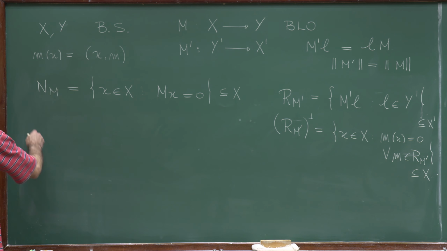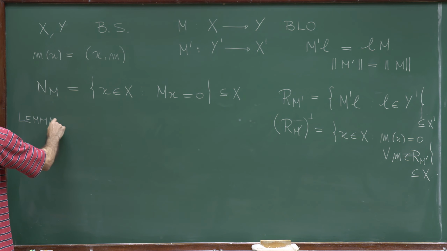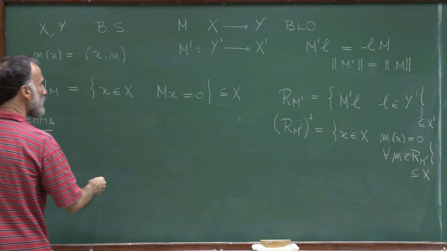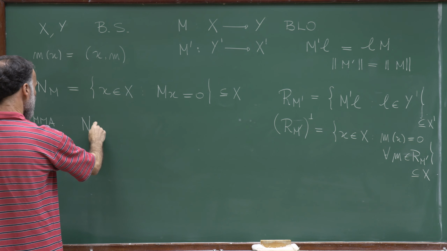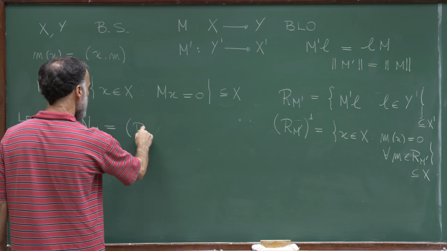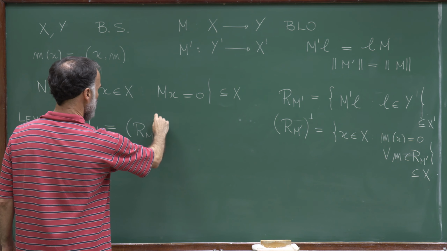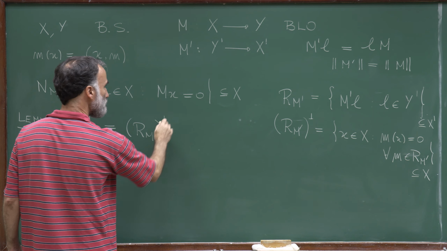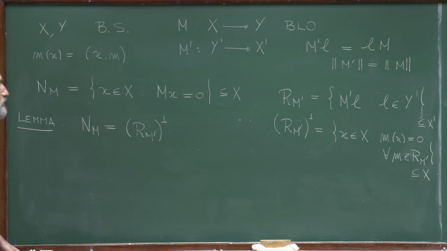And my lemma is now that these two spaces are equal. So I claim that Nm is equal to Rm prime perp.